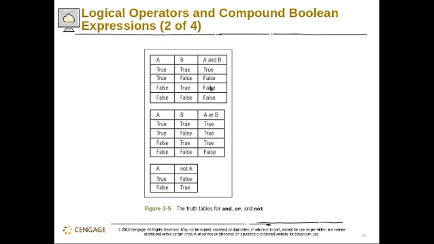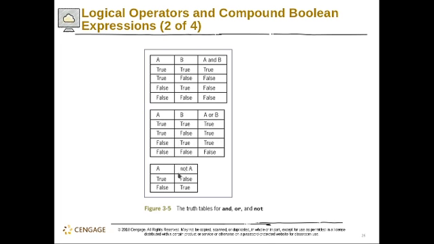Okay, and then how about the OR? For the OR, you will have either one of the two. So if B is false, as long as one of the conditions is true, it will still give an output of true. So basically that is the OR. And then we have a NOT.